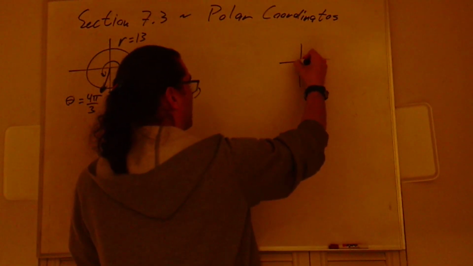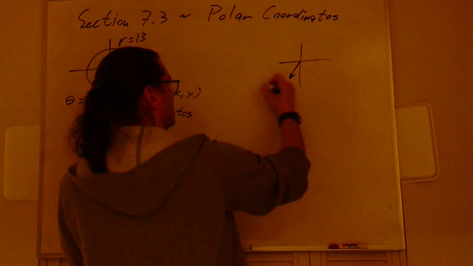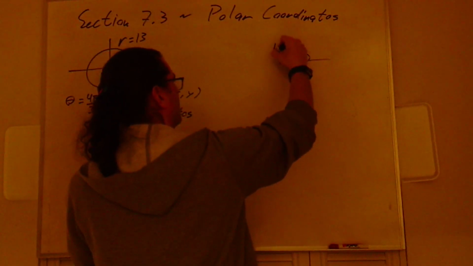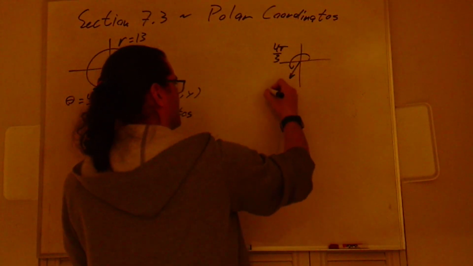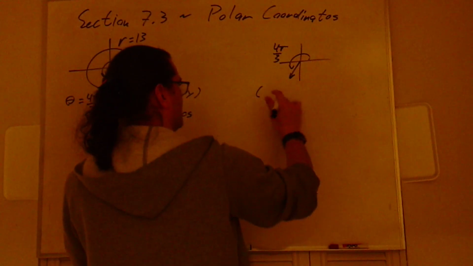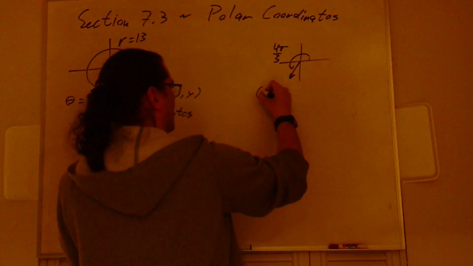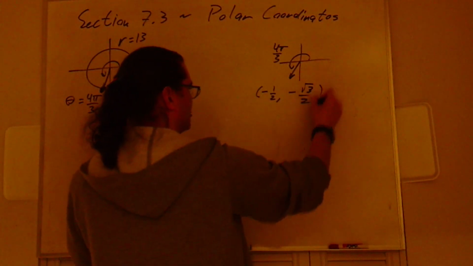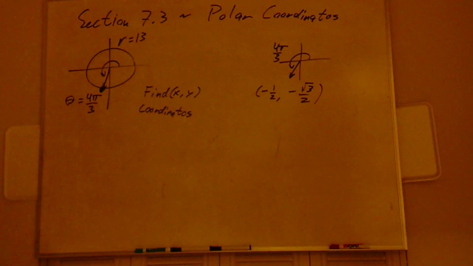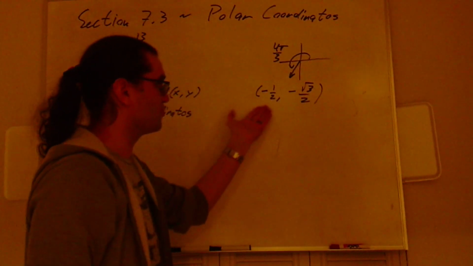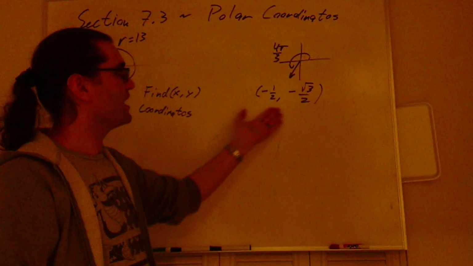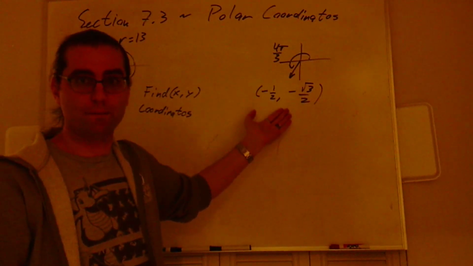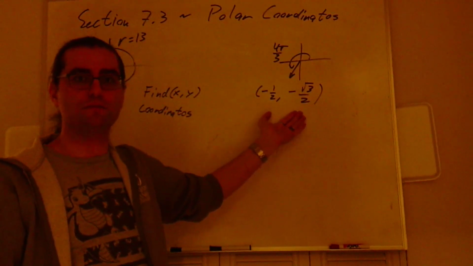I'll find 4 pi over 3 on the unit circle, and I'll see that the xy coordinates of that point on the unit circle are negative 1/2, negative root 3 over 2. Once I have the unit circle version of these coordinates, these are the coordinates if my circle had a radius of 1, because it's a unit circle.